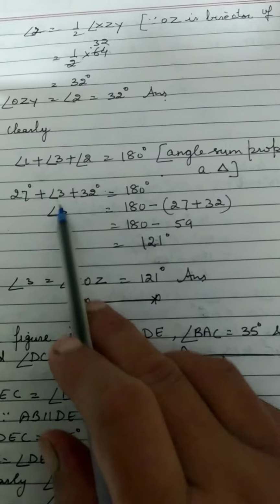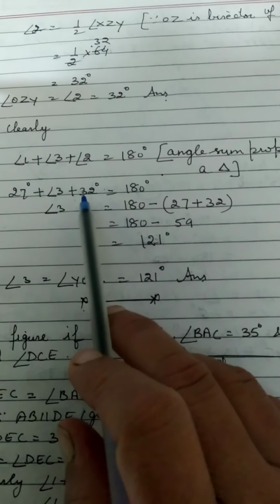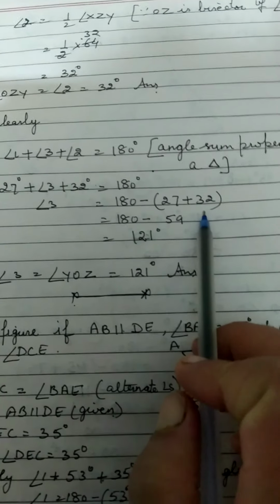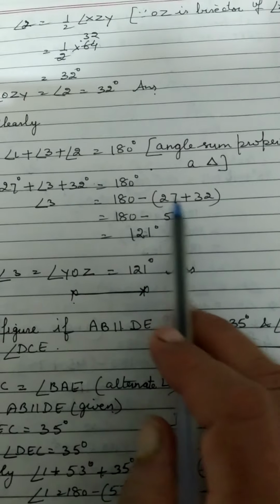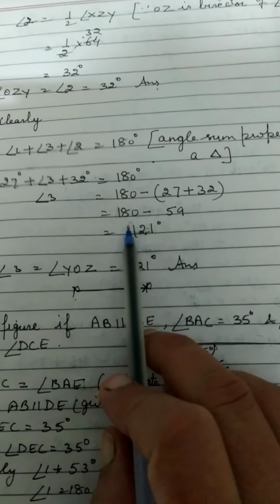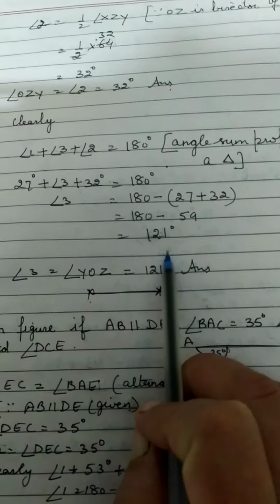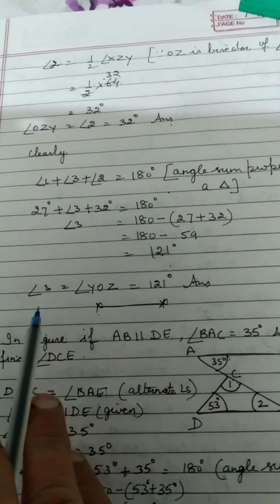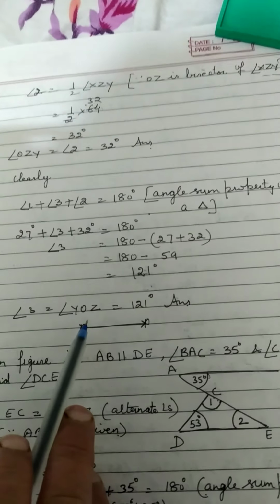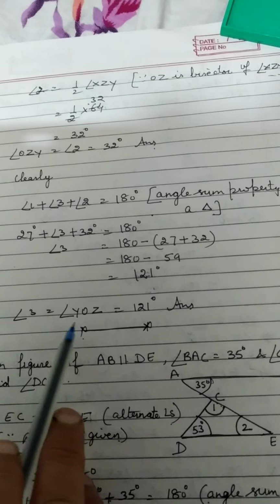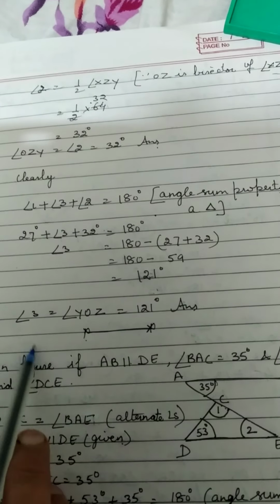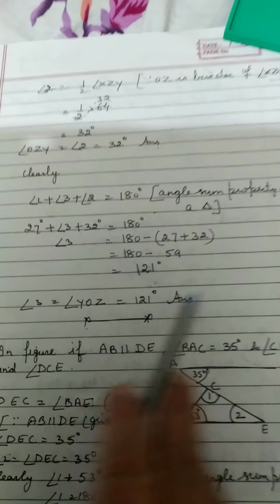From here we get angle 3 is equal to 180 minus (27 plus 32), we take it on the right side. Then this sum is subtracted from 180. 180 minus 59 is equal to 121. Then from here we get the third angle of triangle OYZ. That third angle, angle YOZ, is equal to angle 3, is equal to 121 degree.